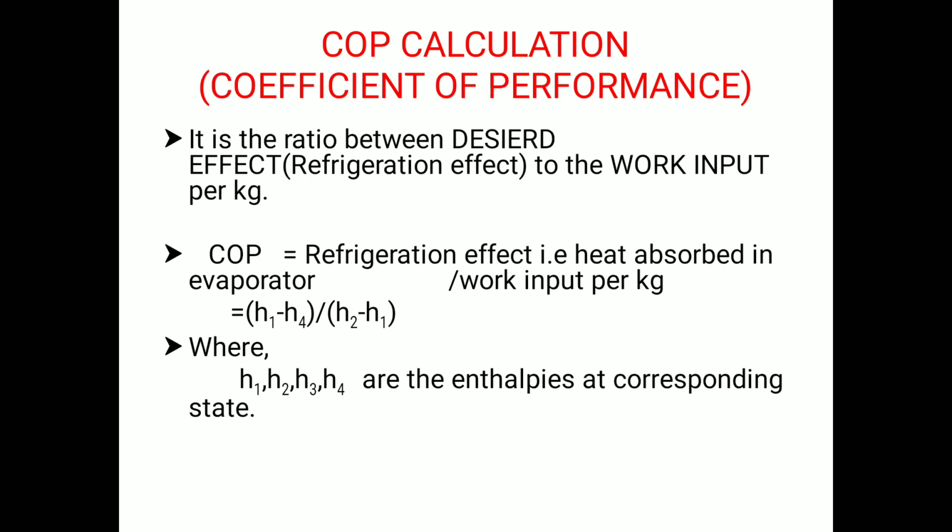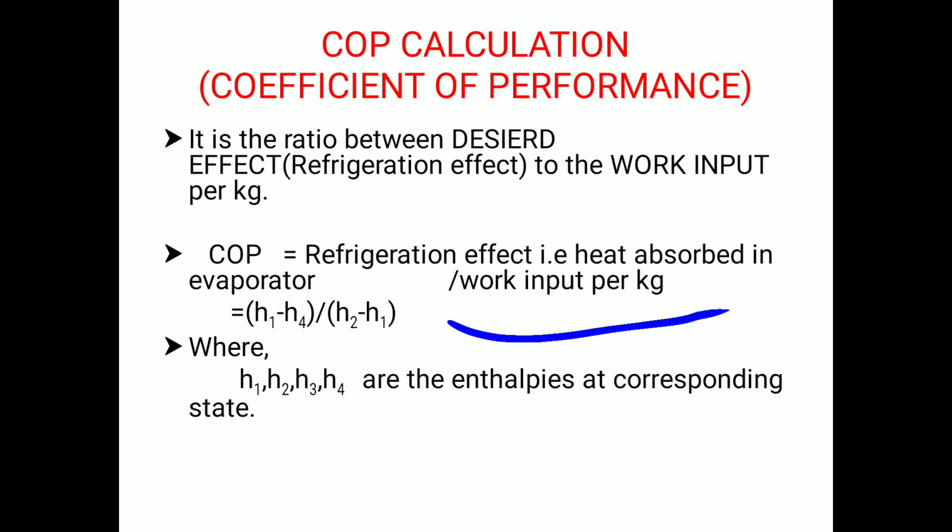So COP equals refrigeration effect, that is heat absorbed in the evaporator, divided by work input per kg of refrigerant. We already discussed that the refrigeration effect, the heat absorbed in the evaporator, is H1 minus H4, and the work input into the compressor is H2 minus H1.